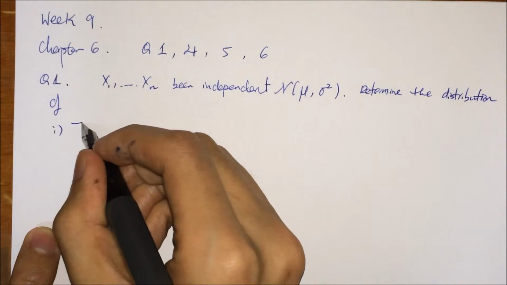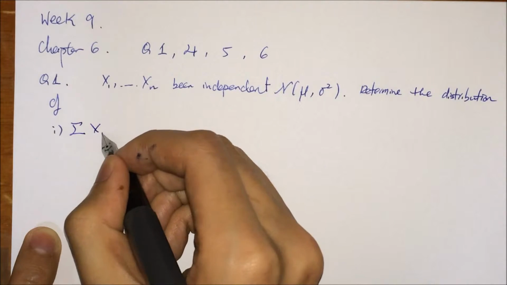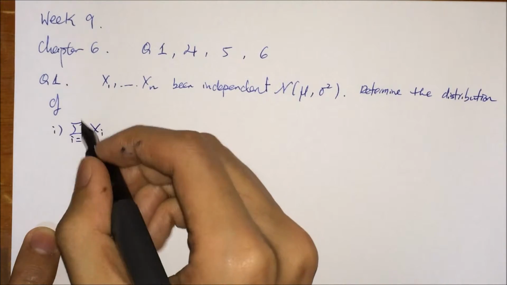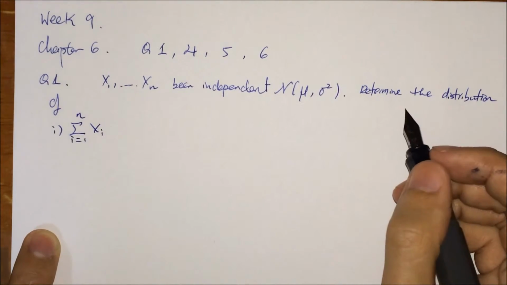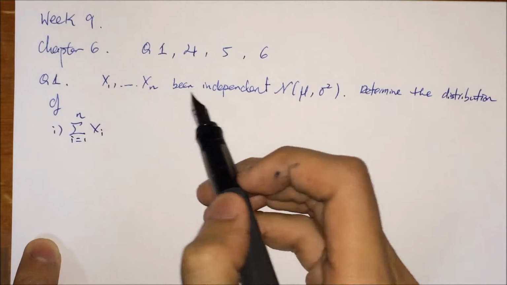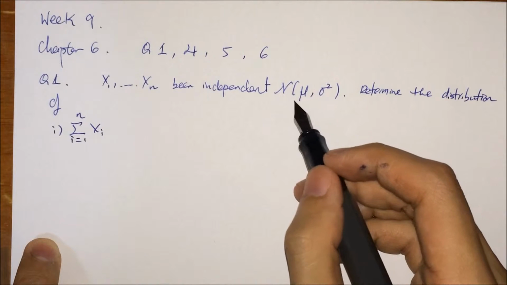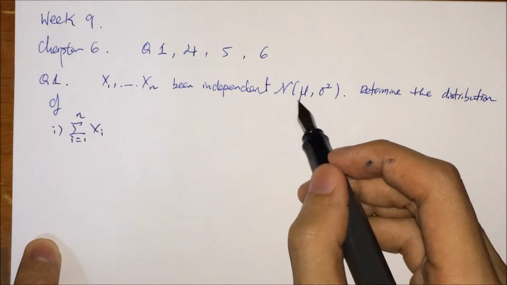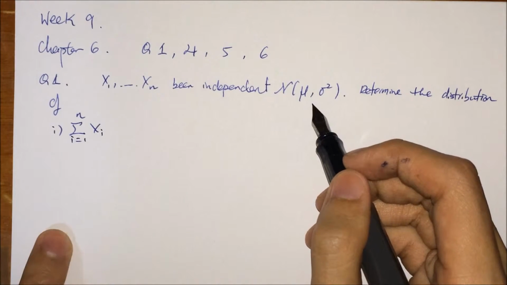Okay, firstly you have the sum of xi, i equal to 1 up to n. Since these random variables x1 up to xn are independent and identically distributed, they all have the same mean and the same variance.